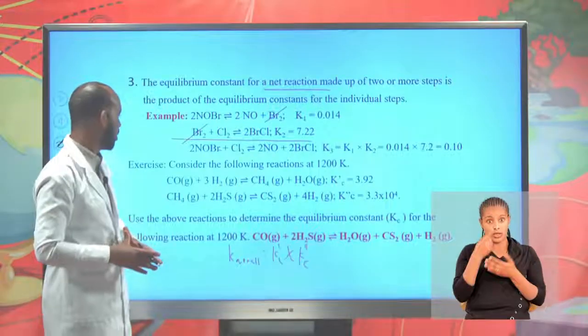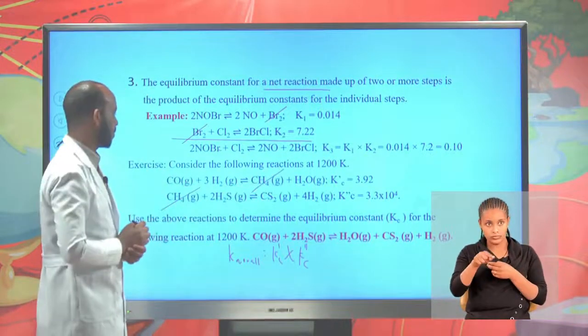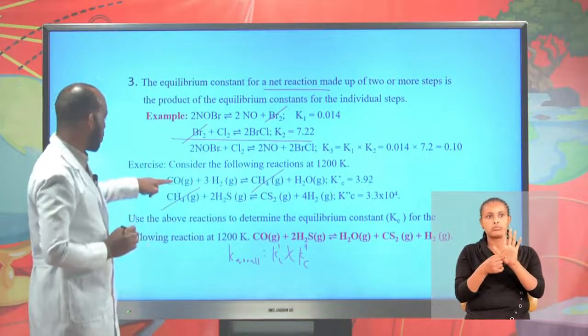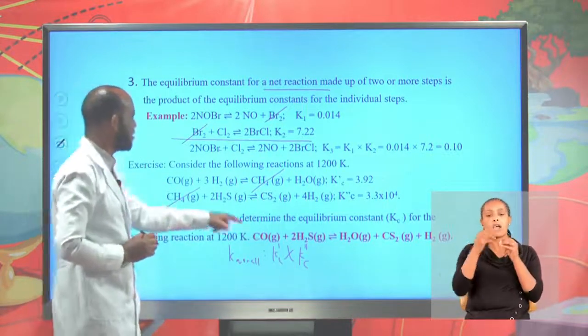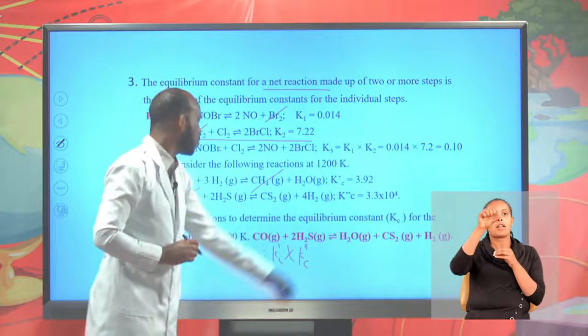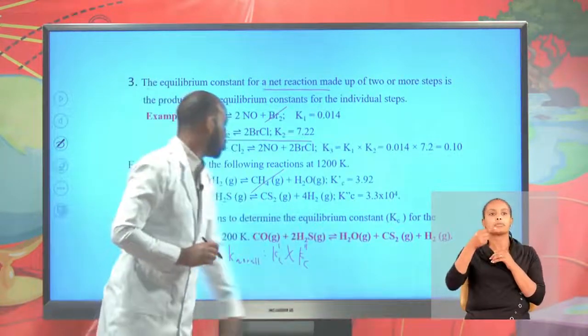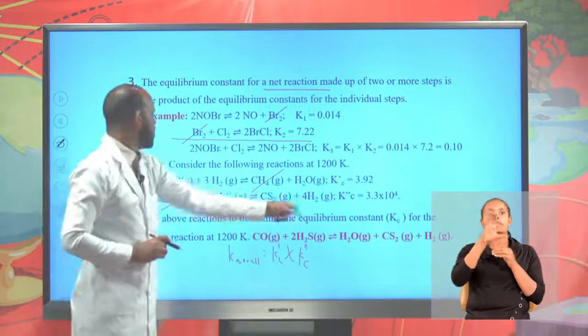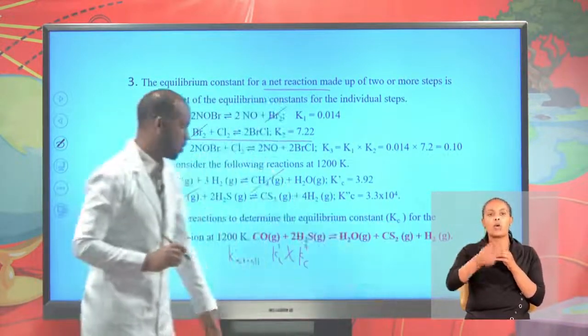You see, CH4 gas will be cancelled by this. Carbon monoxide gas plus hydrogen sulfide in equilibrium with water gas plus carbon disulfide gas plus 4H2 minus 3H2 gas is H2 gas.